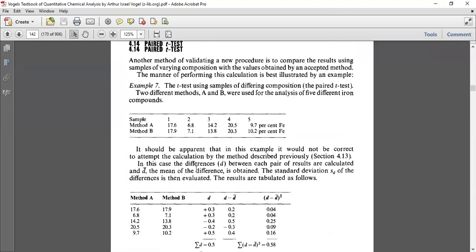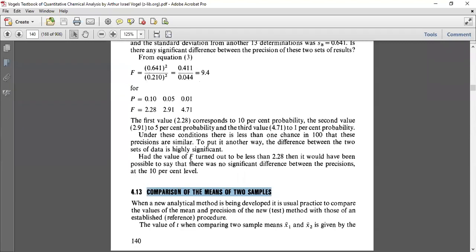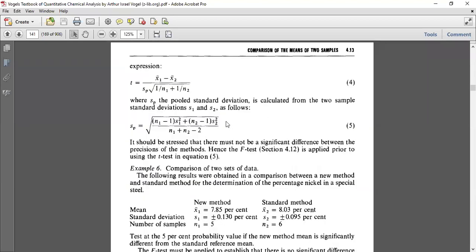If you read this, when a new analytical method is being developed, it is a usual practice to compare the values of the mean and precision of the new test method with those of an established procedure. It means whatever we are doing in a laboratory, we have to compare with the standard method or whatever method is already developed. So the value of T when comparing two sample means, that is x1 bar and x2 bar, is given by the formula.